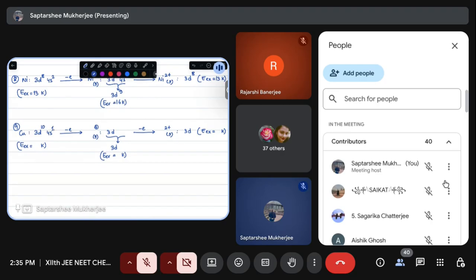So if I remove one electron, it becomes 3d10. 3d10 means 20k, and here it was also 20k. If I remove another electron from copper plus, it will become 3d9, which will count exchange energy to be 16k.